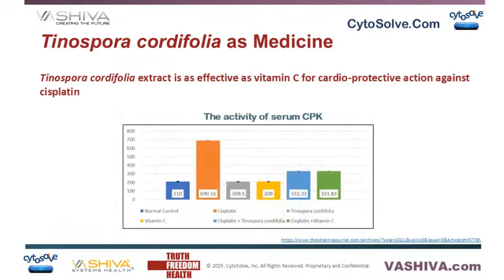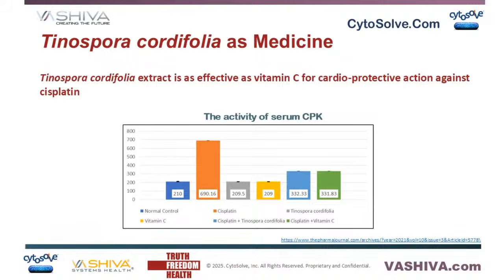T. cordifolia extract is as effective as vitamin C in this protective role. The graph shows the activity of serum creatine phosphokinase, an enzyme that increases in response to cardiac muscle damage. Cisplatin treatment alone results in a sharp rise in CPK levels, 690.16, indicating significant cardiac injury.